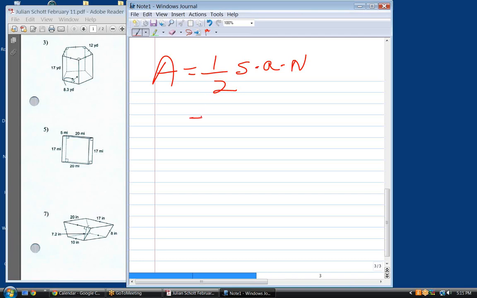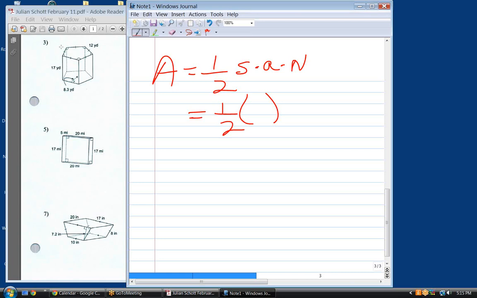So, what's S? Well, what is the side length? 12. Okay? That's what S means.